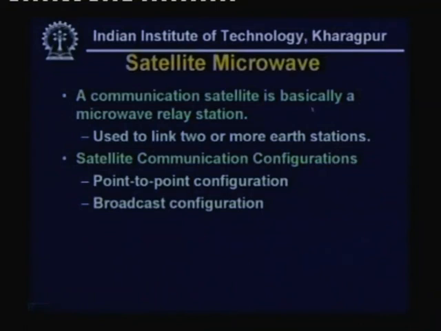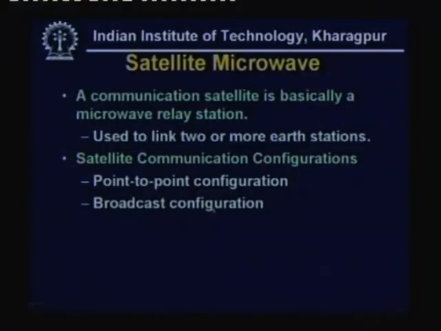In satellite microwave, we are trying to put a relay station in the sky at a very large distance. In this case, as we shall see, the antenna height is quite large. For example, it can be as high as 36,000 kilometer.